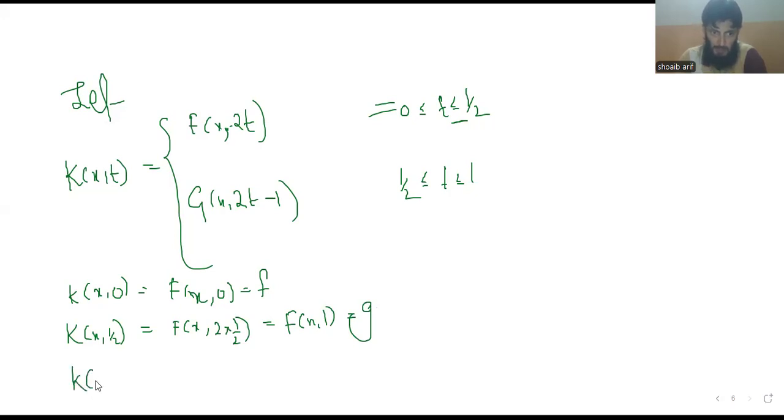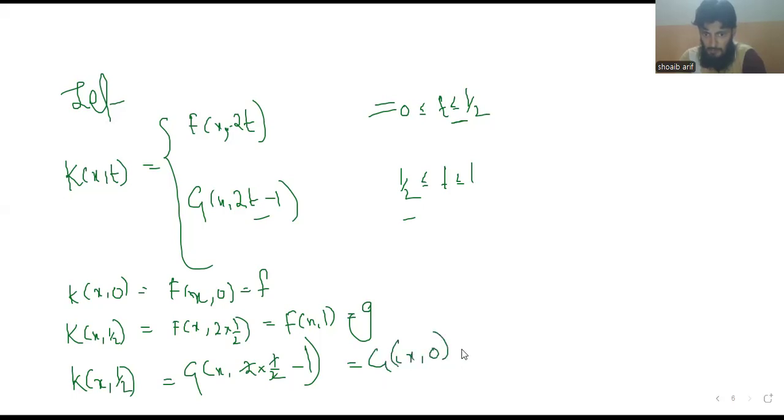Now substitute t equal to half again in the other condition, because 1 upon 2 also lies in this condition. We get G(x, 2 multiplied by 1 upon 2 minus 1), which is 1 minus 1, so we get G(x, 0), which is also g according to this condition.